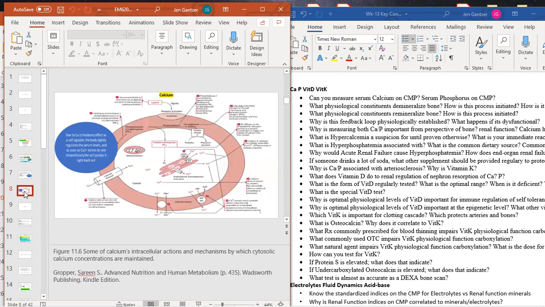If you recall, just a quick review, calcium is so potent a second messenger that once it gets inside the cell, it stimulates its purpose, whatever is needed, intracellularly. And then there are several mechanisms to make sure that calcium is kicked right back out. That's what this is demonstrating. And this is why hypercalcemia can become a problem.